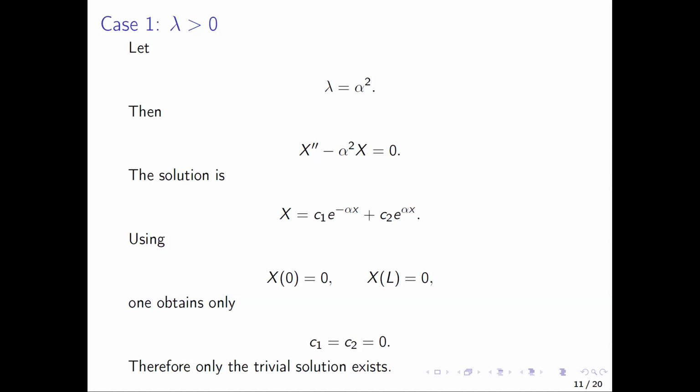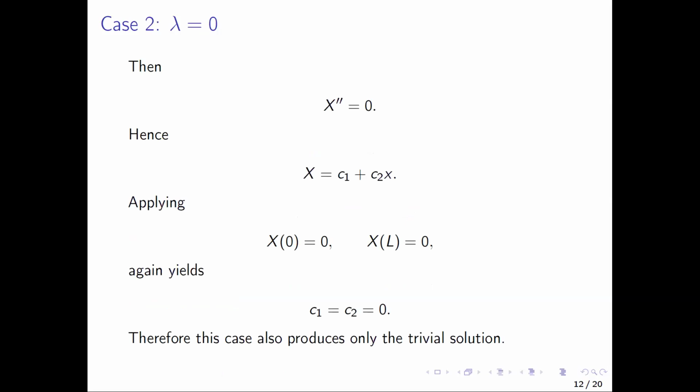So you say that both C1 and C2 must be equal to 0. We already know the trivial solution exists for our problem, so there is no other extra solution in case 1. So we can discard this case, okay? There is no new solution type that appears there.